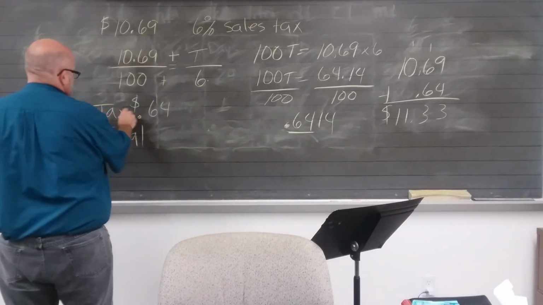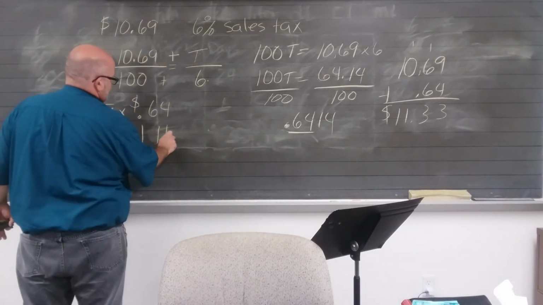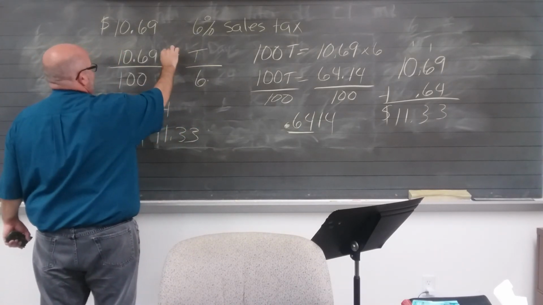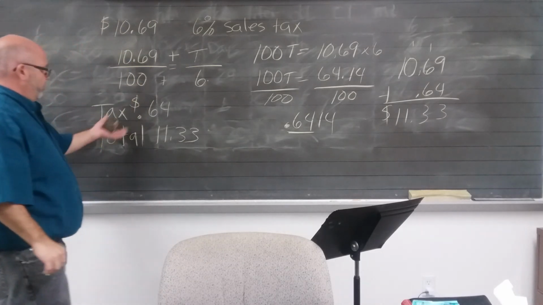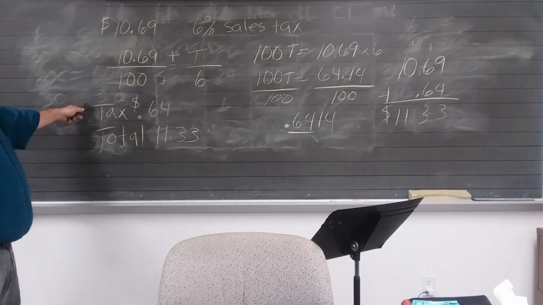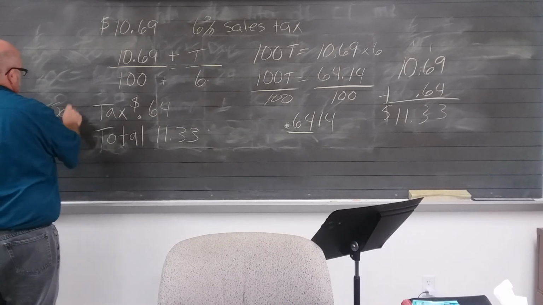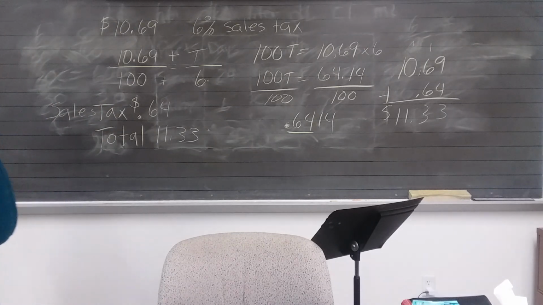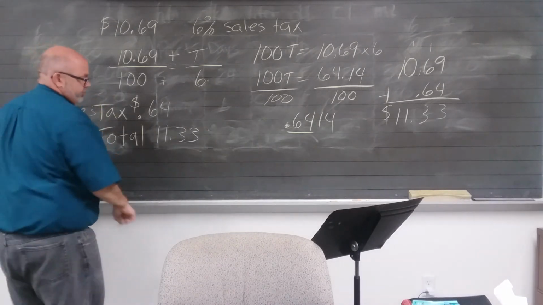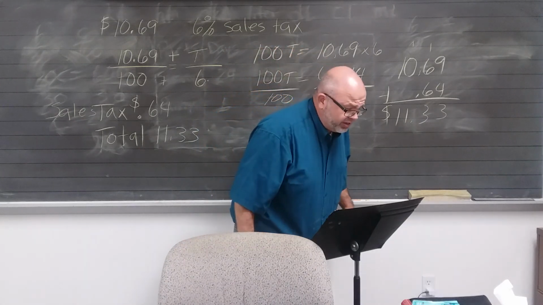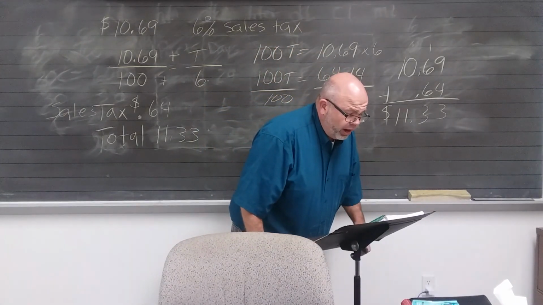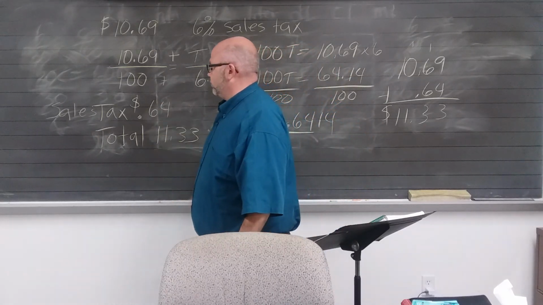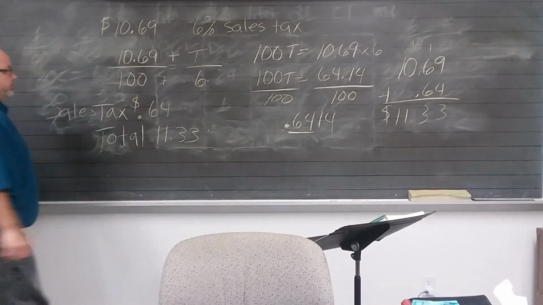So you need a tax answer and a total of 11.33. So the missing number is the tax. You add the tax to the total to get your final total. All right, so this is sales tax. And then you add that to the total. So you'll have two different answers. Number 1 of lesson 147 says, what was her sales tax and total bill? So just like this, 2 answers, please.